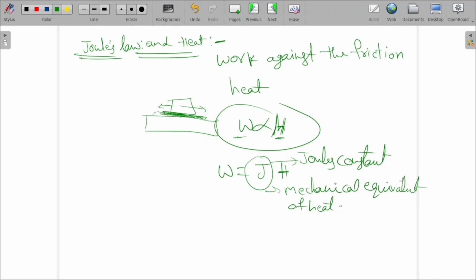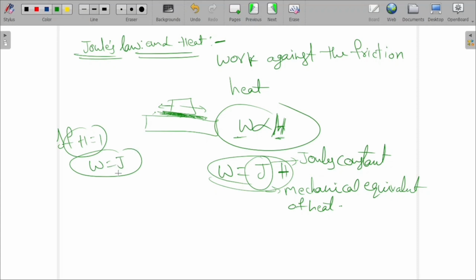For example, in this case, if H equals 1, then work done is nothing but J, the mechanical equivalent of heat.